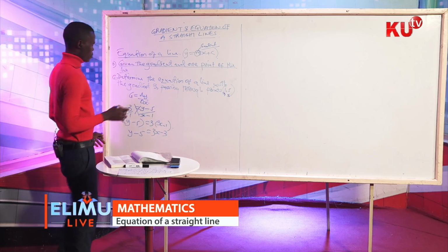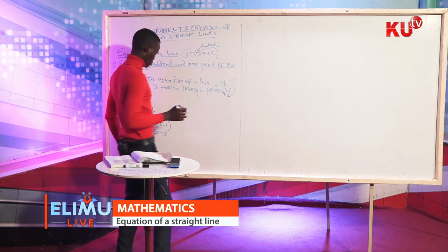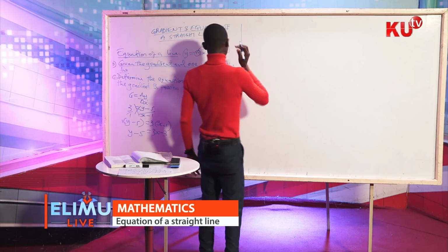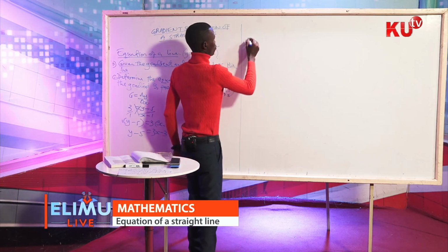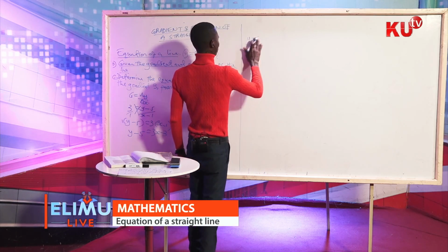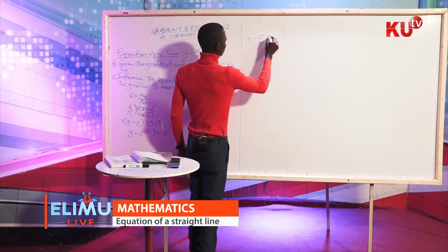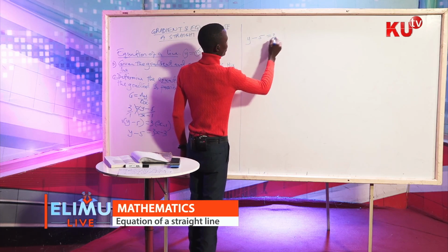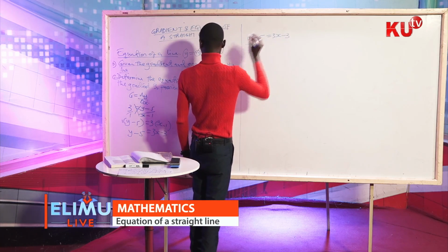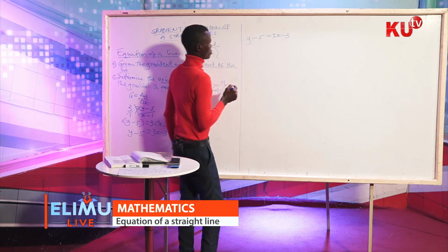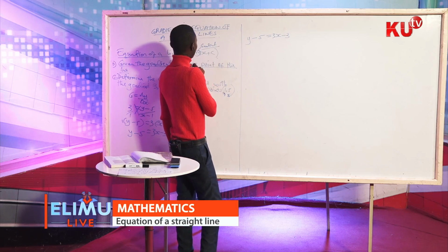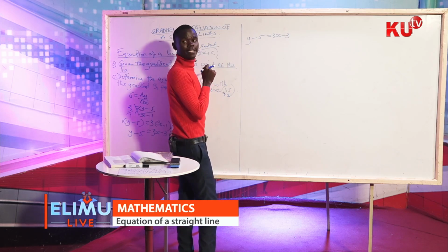Allow me to use the upper board because this is too far down. Y minus 5 equals 3x minus 3. And now we write it in the form of y equals mx plus c.